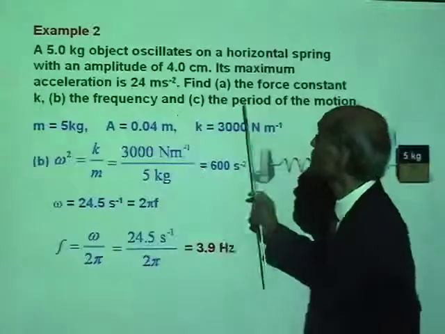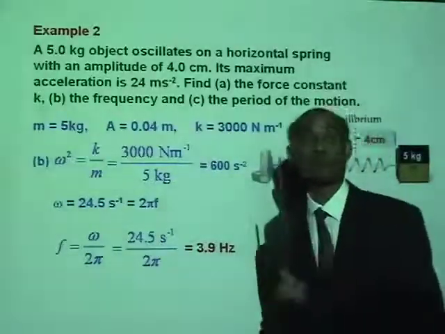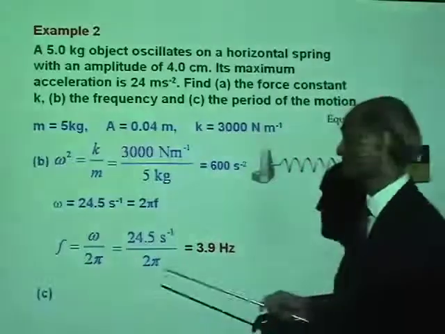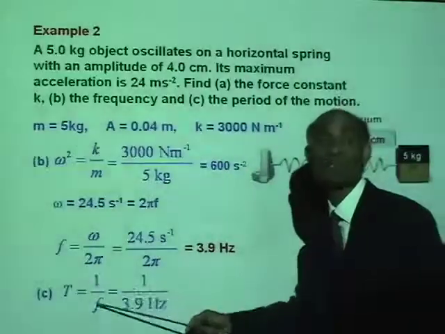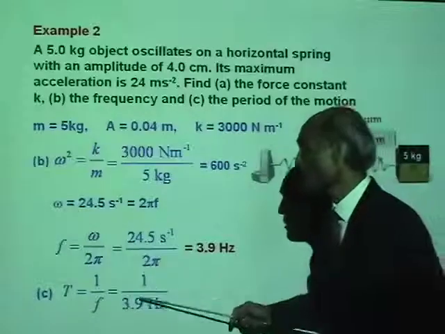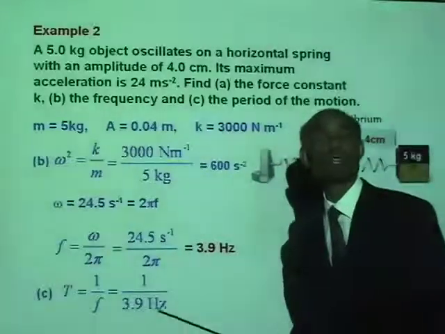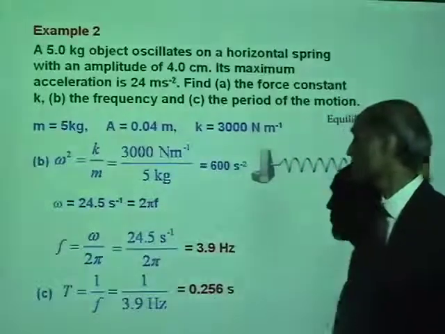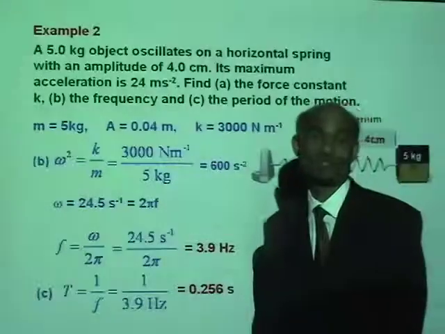If you know the frequency, can you find the period? Period is 1 over the frequency. T equal to 1 over 3.9 hertz, and that is 0.256 seconds.